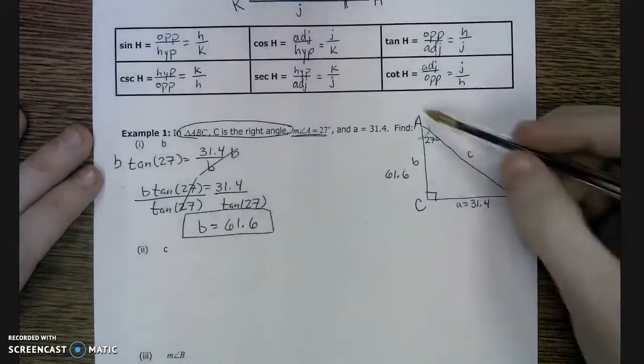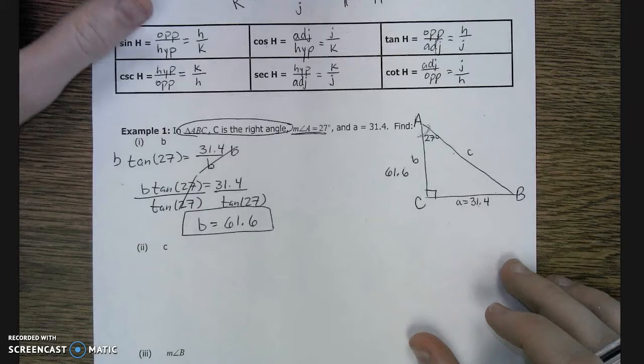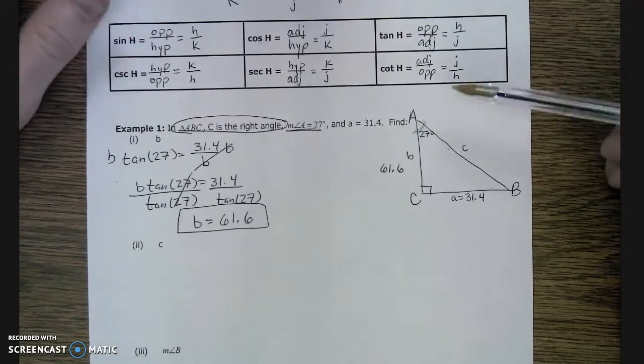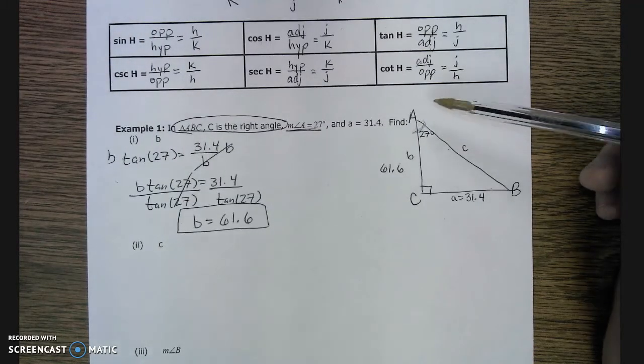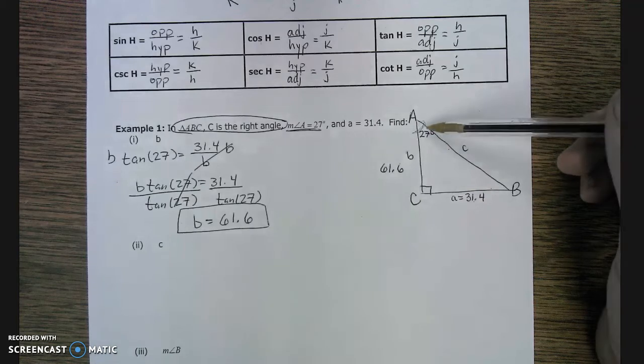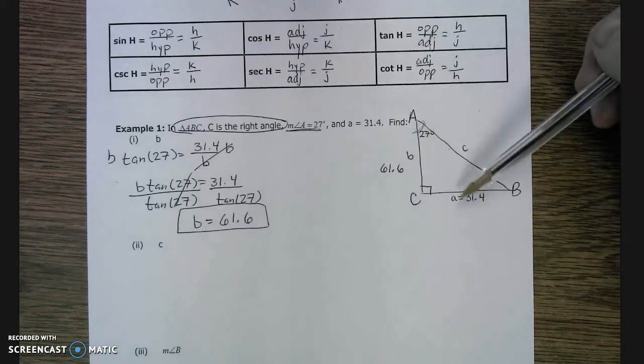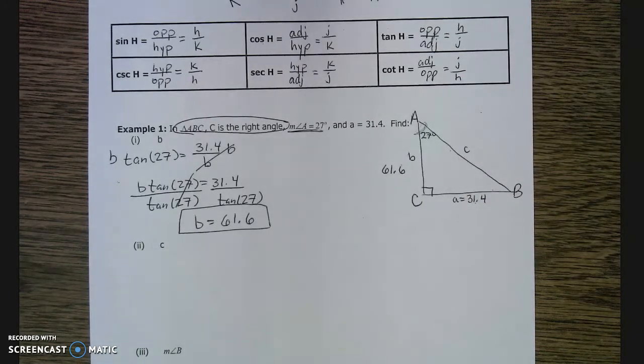If it's a right triangle, you can use the Pythagorean theorem. The other thing you could do is use sine, because we know the opposite and we're looking for the hypotenuse. Whichever way you want to do it, it doesn't matter.